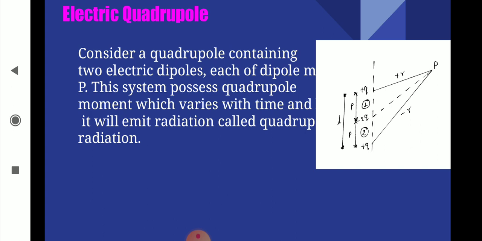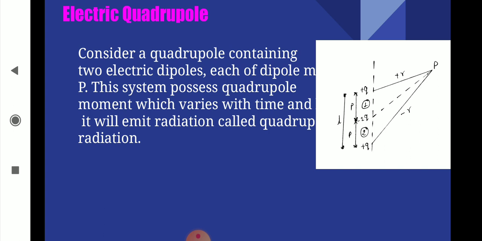This system possesses quadrupole moment which varies with time, and hence it will emit radiation called quadrupole radiation. The quadrupole field may be derived by considering it to the superposition of two dipole fields.